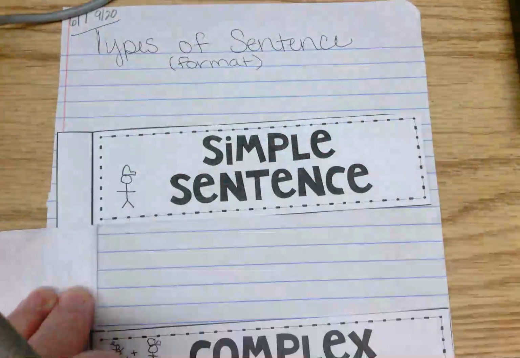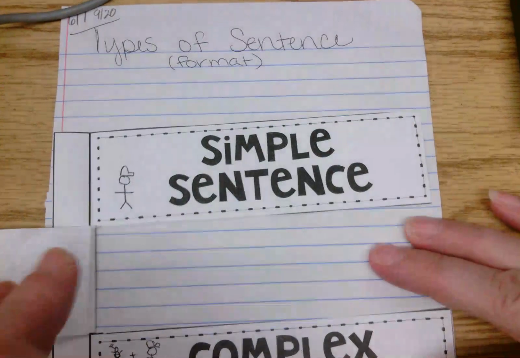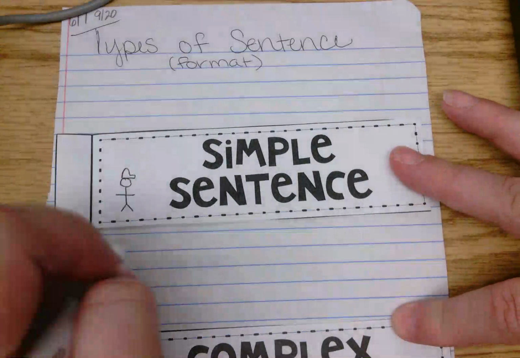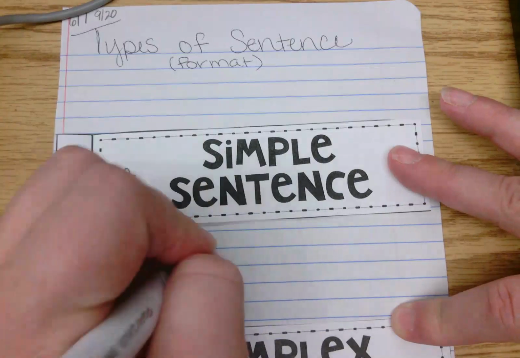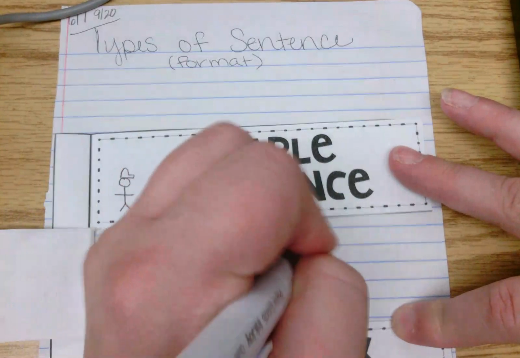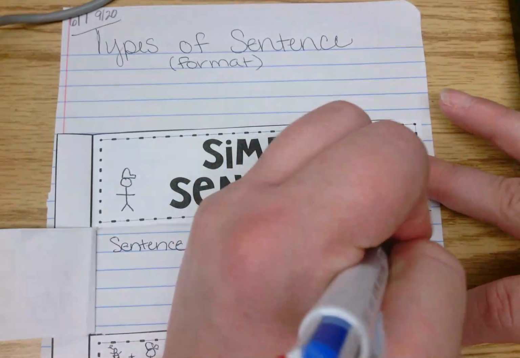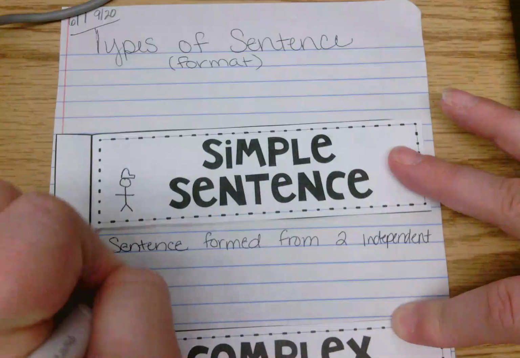Okay, so a compound sentence is a sentence formed from two independent clauses.